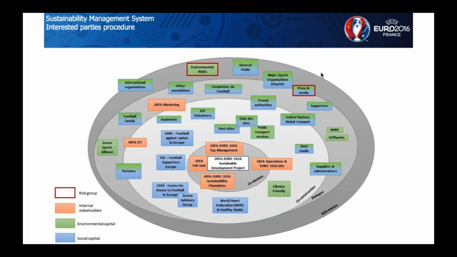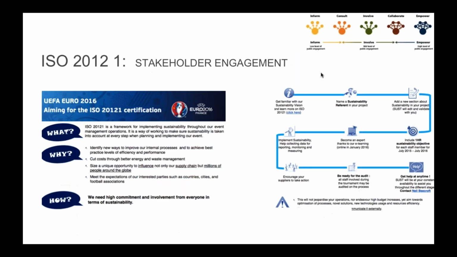Why? Is because you include your stakeholders from the very start of the process within the design phase of your sustainability strategy. And also you analyze your risk group in order to prevent that NGOs or media or the general public have criticism over your procedures.